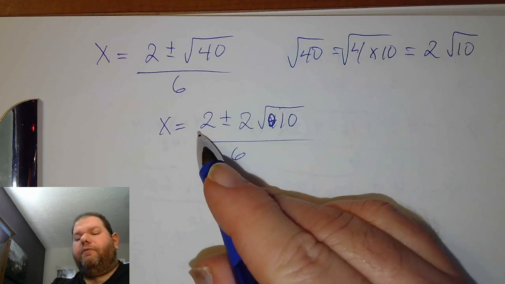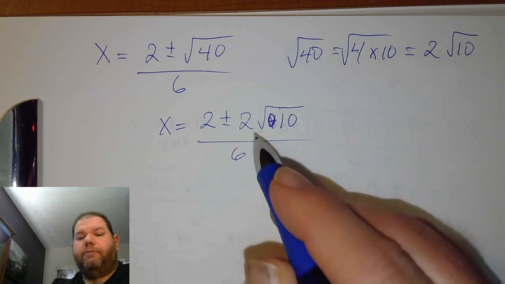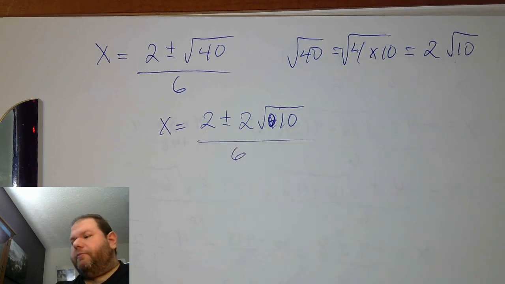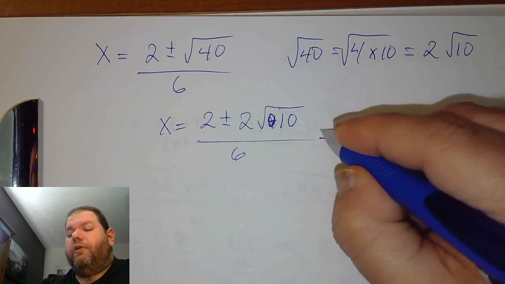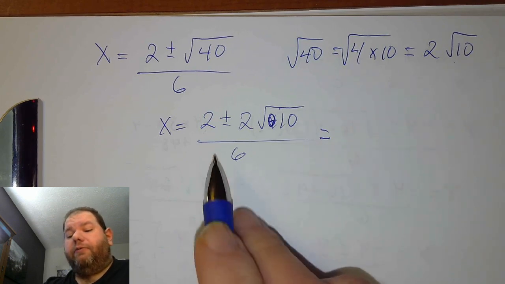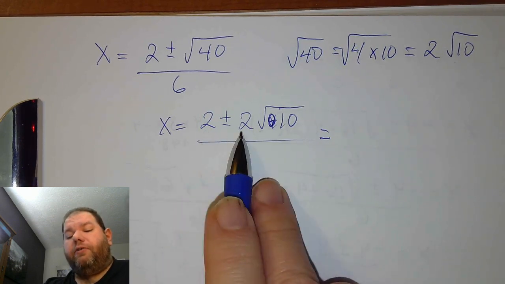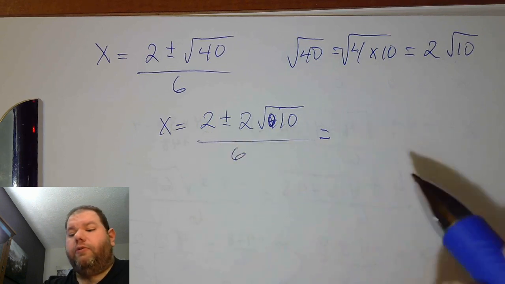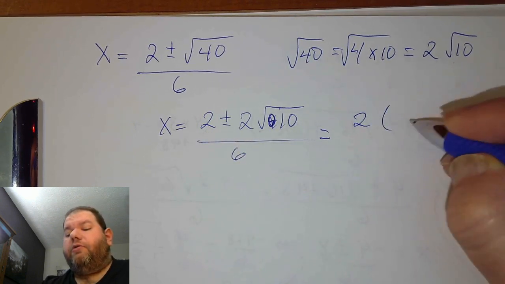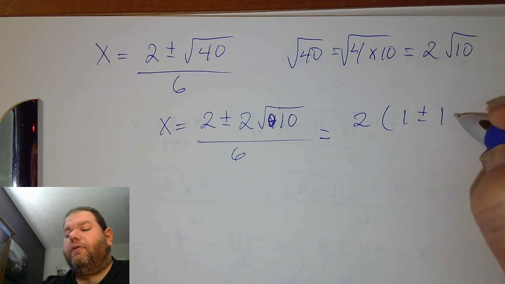We know that we have these 2's on top, and we have a 6 on the bottom. So what I would recommend in this case is we find a common factor to these numbers. So if both of the numbers are 2, then we can factor a 2 out of both places.